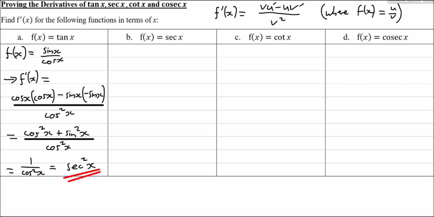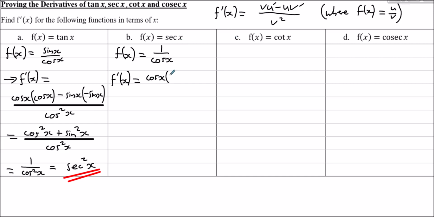What if we wanted to differentiate sec x itself? Let's think about what sec x is in terms of sine, cos, and tan. So sec of x is 1 over cos x. Again, we can use the quotient rule for this one as well. So this time, our u is 1, v is cos. So using that, we're going to have the f dashed of x is v, the denominator, which is cos x, multiplied by the derivative of the top.